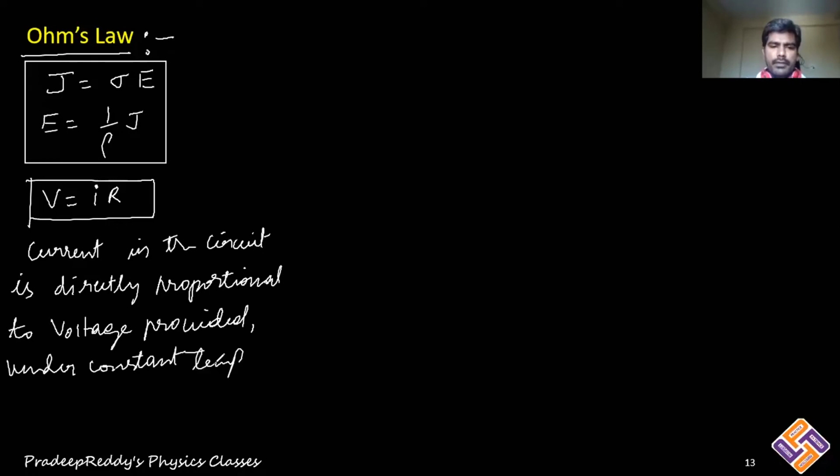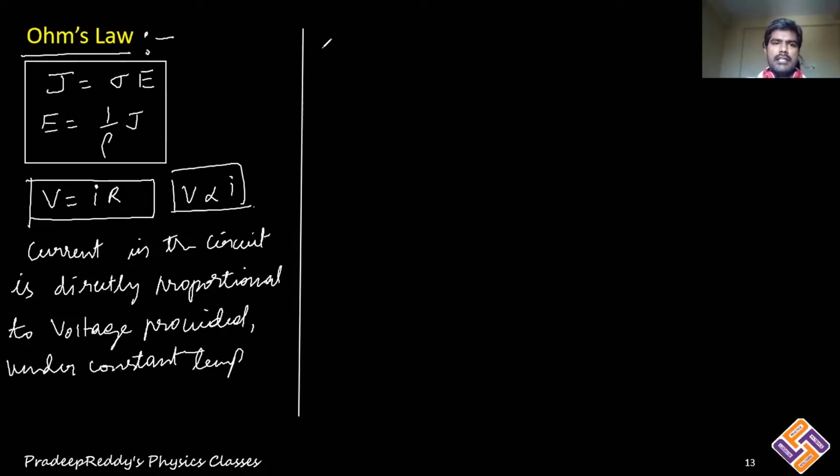So if the temperature of the conductor is maintained constant, then you can clearly say that current in the circuit is directly proportional to voltage. Therefore simply you can write V is proportional to I. And from this expression we have R is equal to delta V divided by delta I, which is termed as resistance of the conductor.